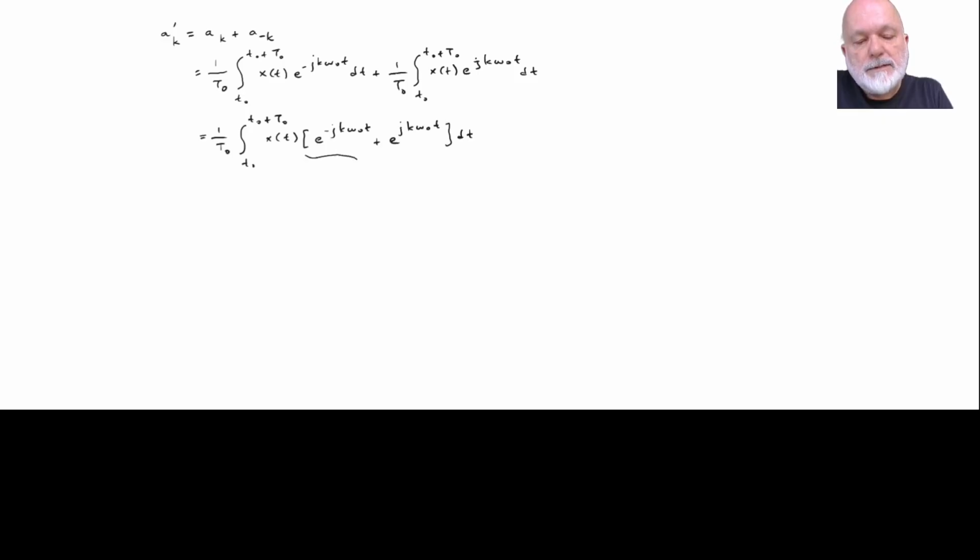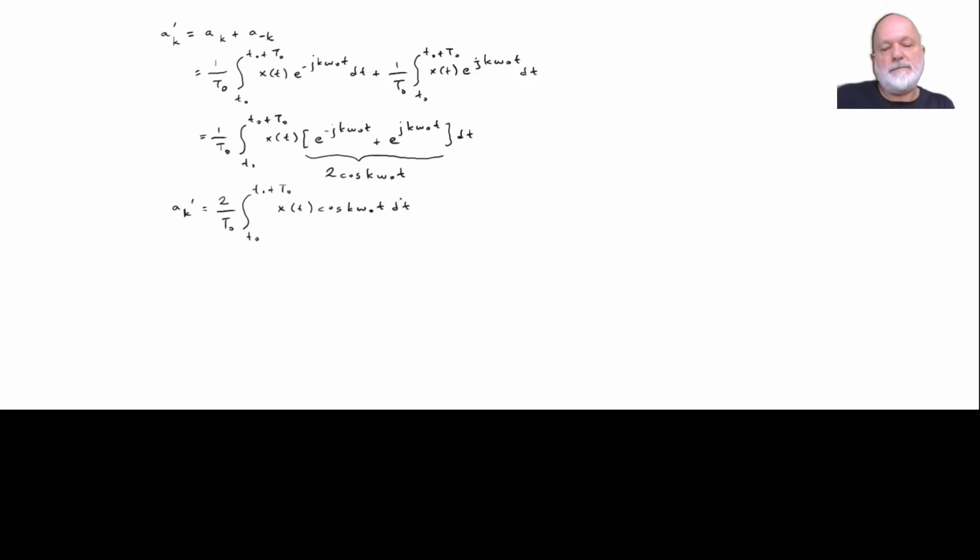But we recognize this term here as 2 cosine k omega 0 t. Therefore, ak prime, the coefficient of the cosine terms, we can take the 2 outside the integral: 2 over T0 times the integral from t0 to t0 plus capital T0 of x of t cosine k omega 0 t with respect to t.